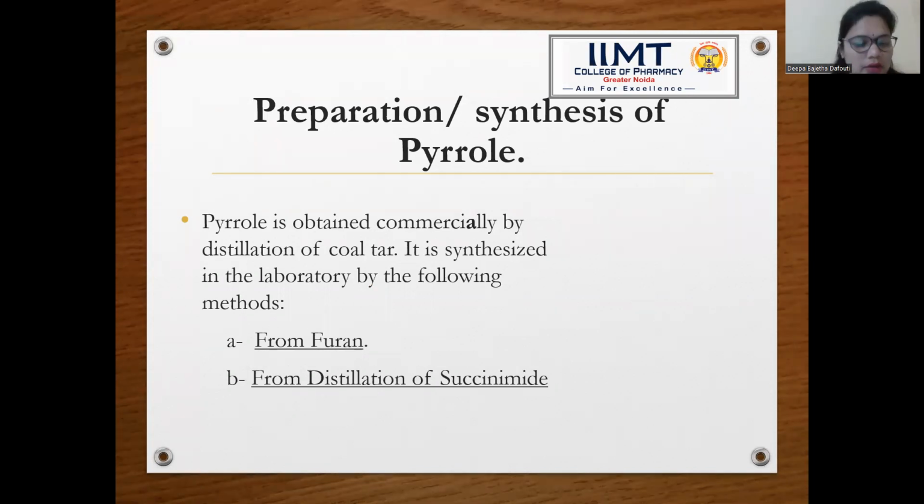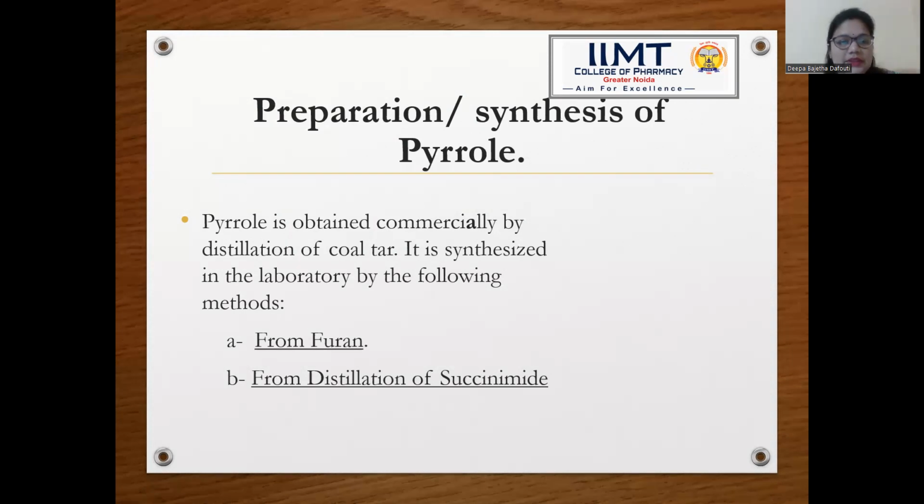Pyrrole occurs in coal tar and in bone oil, obtained from dry distillation or pyrolysis of animal byproducts such as horns, hoofs, and bones. Next is the test in which pyrrole plus p-dimethylaminobenzaldehyde gives an intense red color.